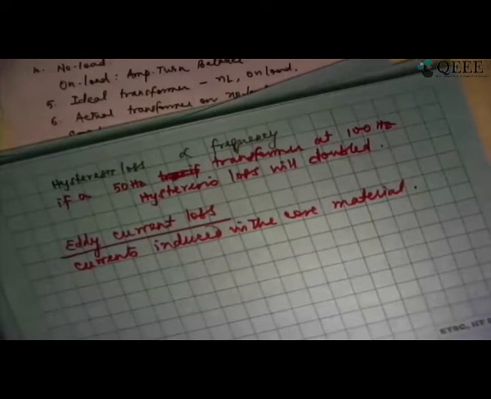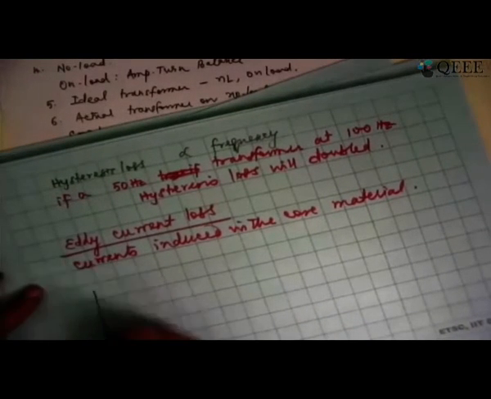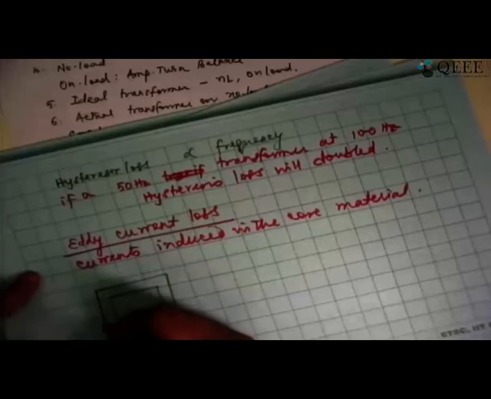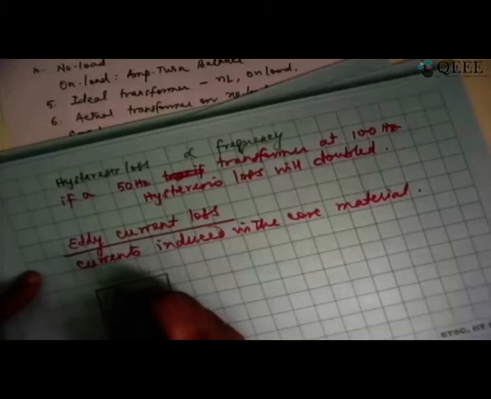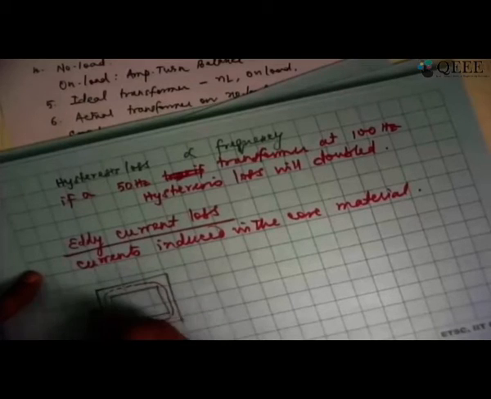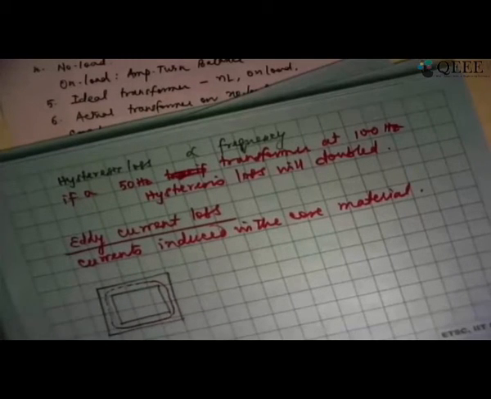The core is made up of iron. If this is just one thin portion of the core, in this I am going to have the flux going around like this. We have the winding sitting here around the core.